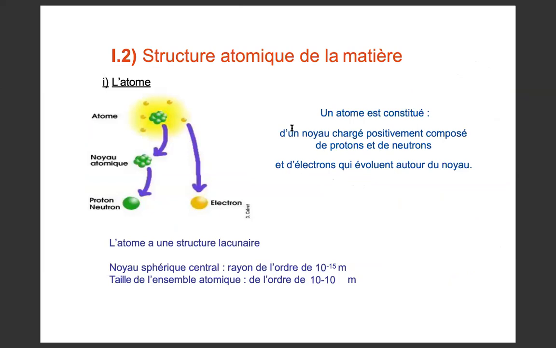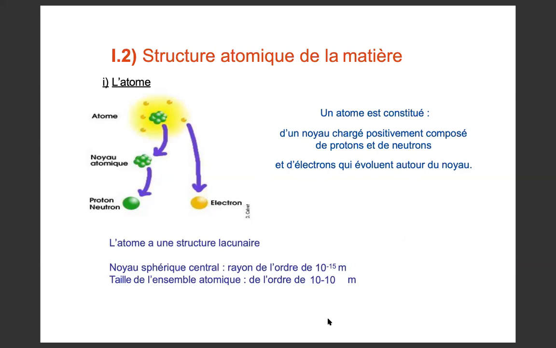The structure of the atom is made up of the nucleus and the electron. So we are saying the nucleus is positively charged and is made up of neutrons and protons, and the orbitals are made up of electrons, which surround the nucleus.